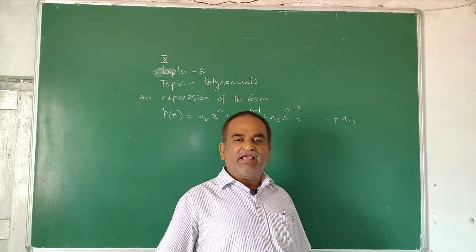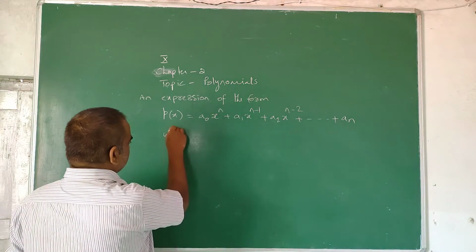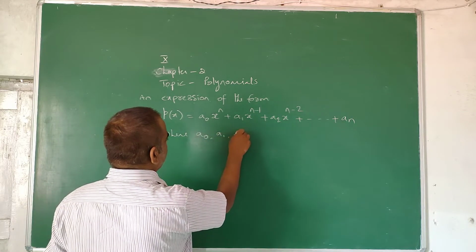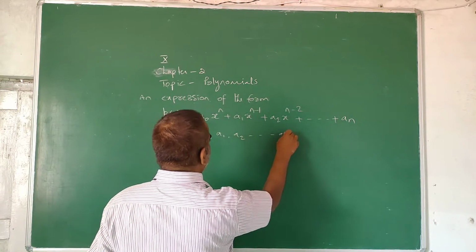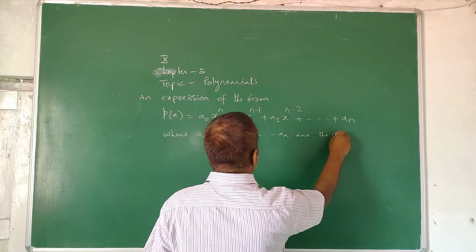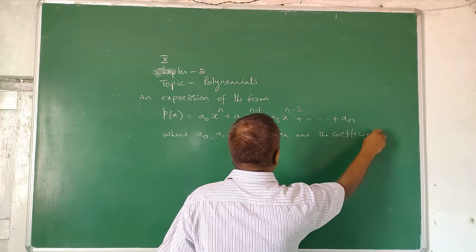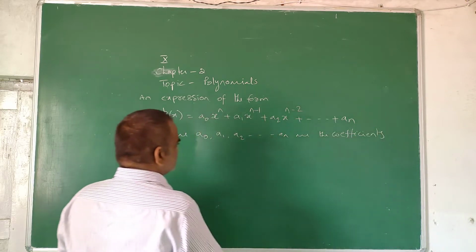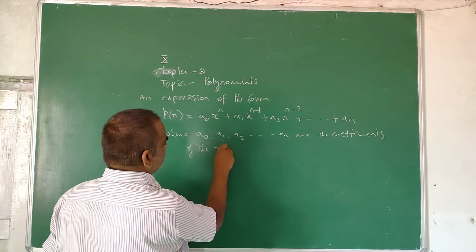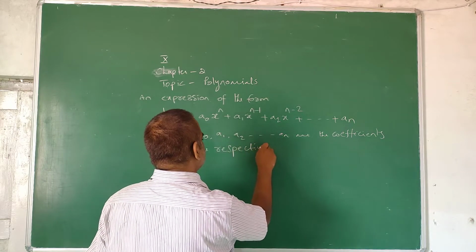these all are real coefficients, where a naught, a1, a2 and so on, an are the coefficients of the respective terms which are real numbers.